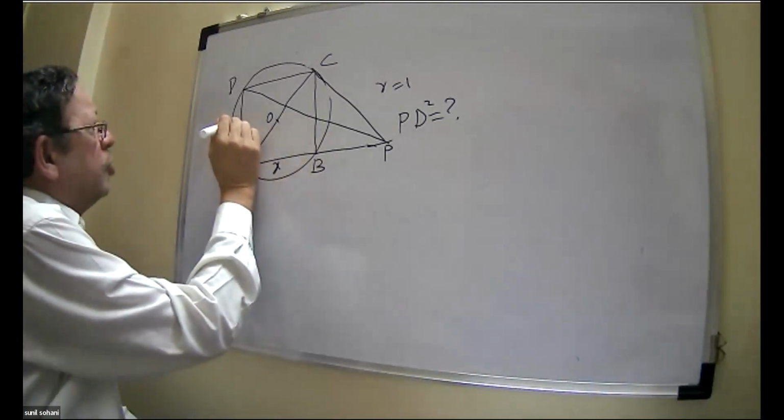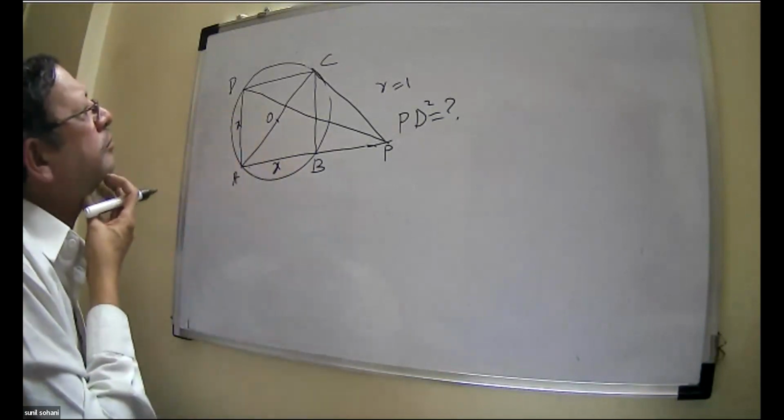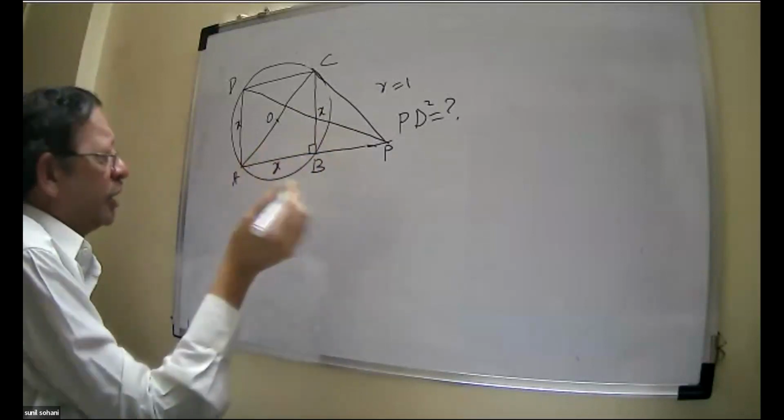Let me call the side of the square x. Sir, first we can find the side of the square. How, sir? As given, radius is 1 unit, so diagonal will be 2 units, and we know that the diagonal of a square is root 2 times the side. Yes, I do the same thing that you explained.